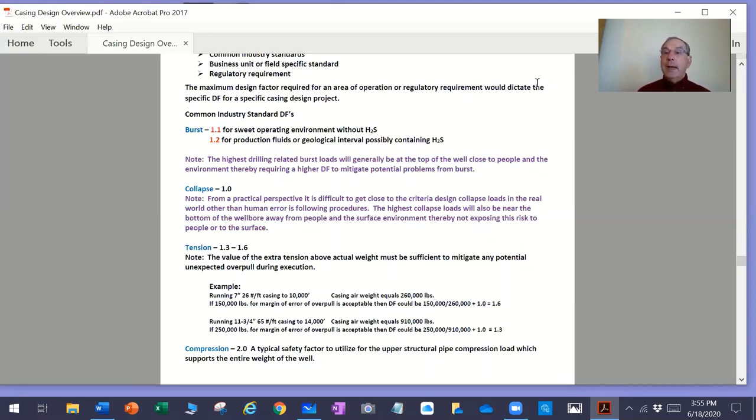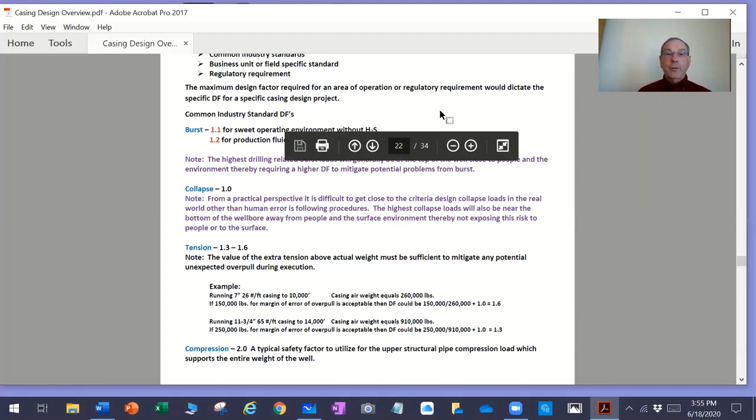I have already said that using the API equation is already an extremely conservative number, because the yield strength is going to be greater than the minimum. The wall thickness is going to be greater than the minimum. There are many factors that make it greater. And then the formula itself is conservative. So it's always going to have a much higher burst rating than the API rating. But we still will use a 1.1 safety factor for choosing casing strength.